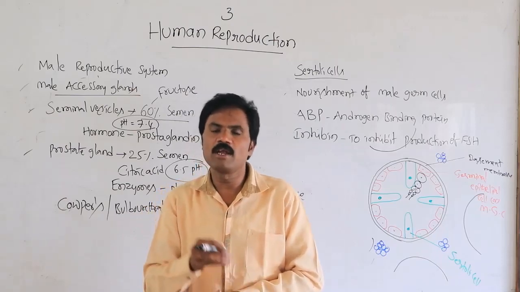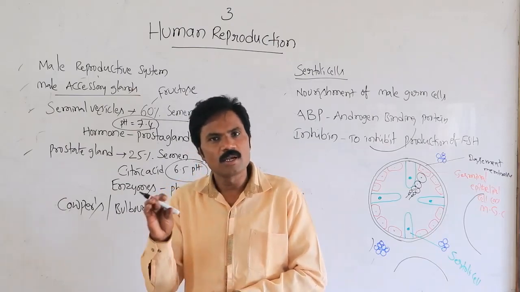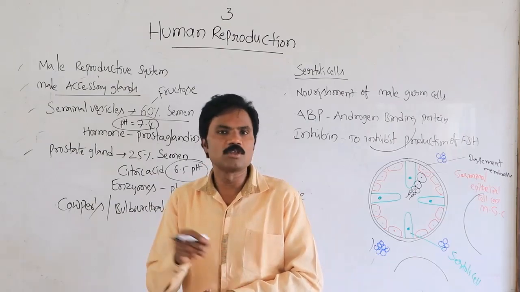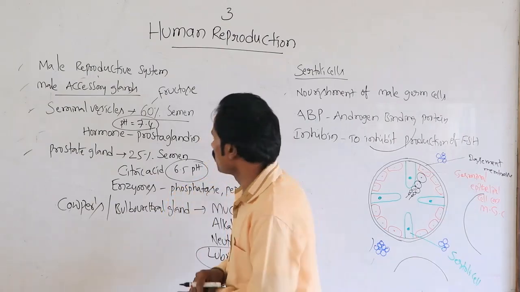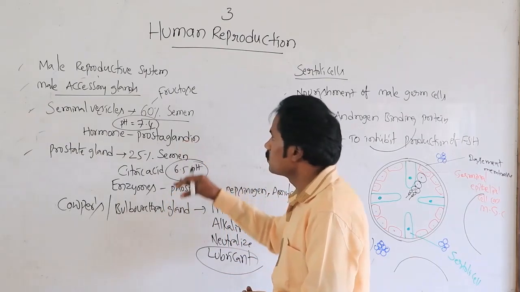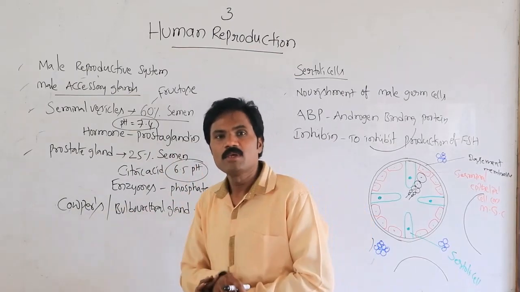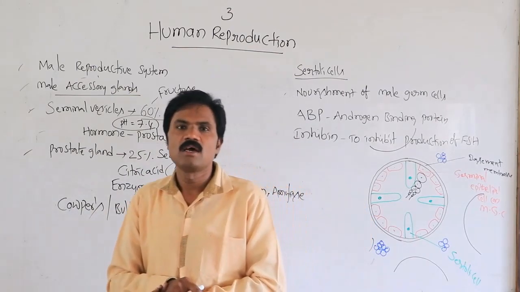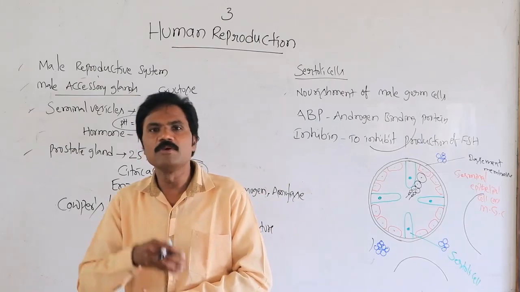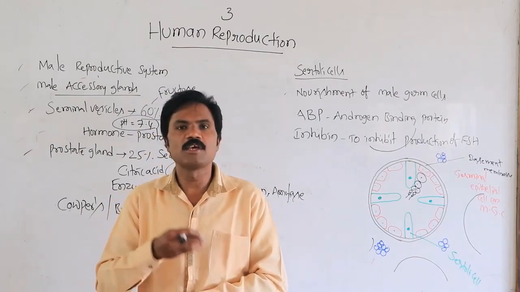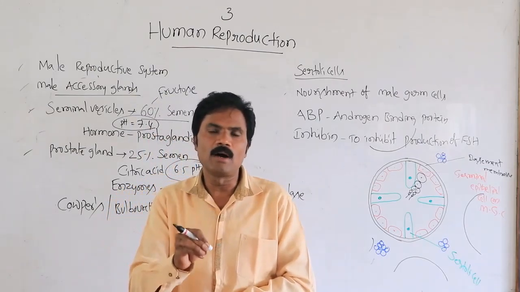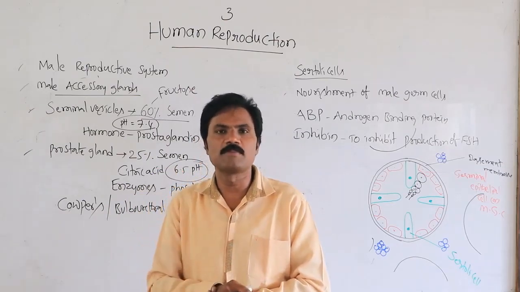You write the epididymis, where they are temporarily preserved. That is related to the male accessory glands, male accessory ducts, and the primary sex part of the male reproductive system.